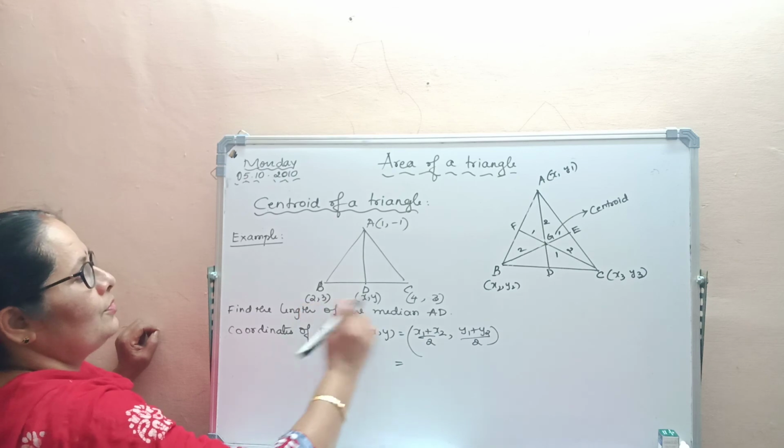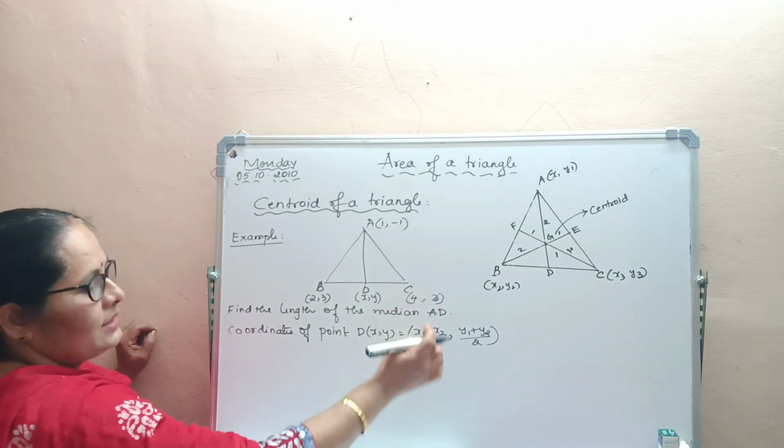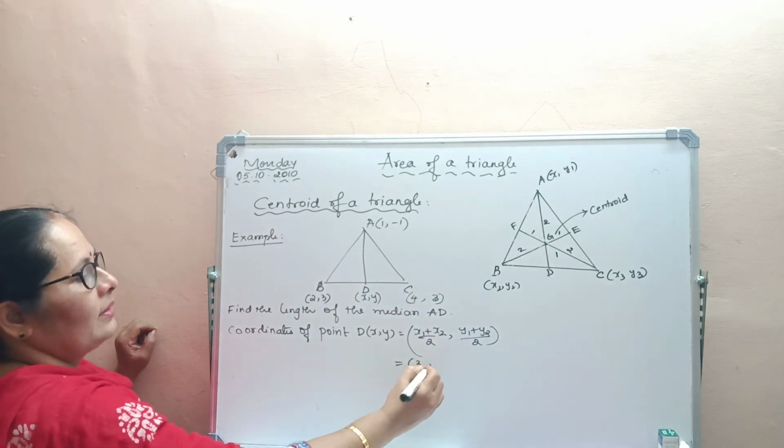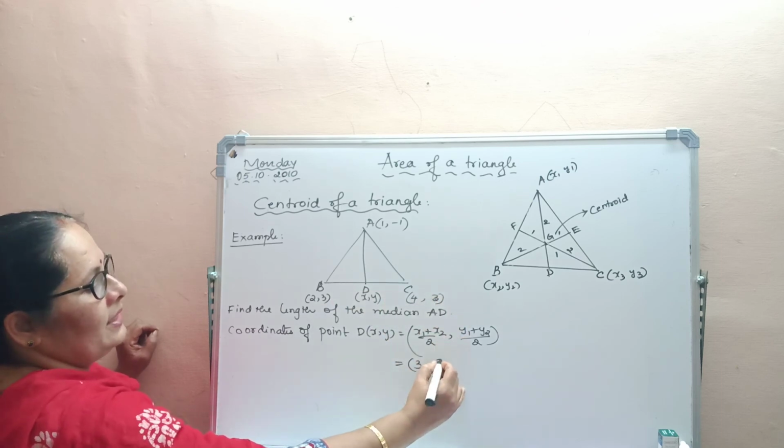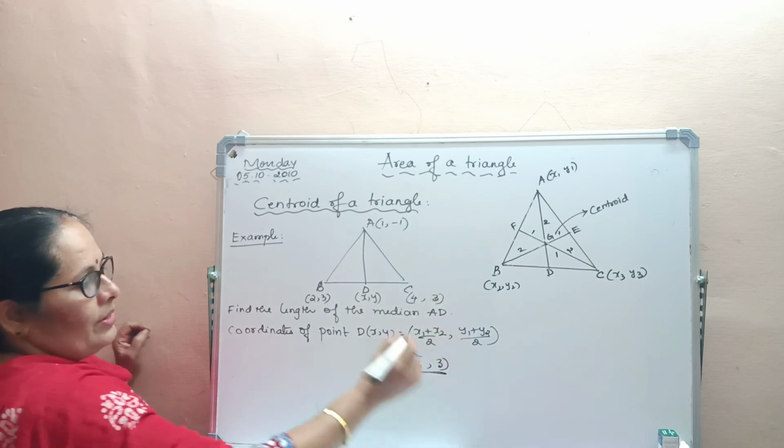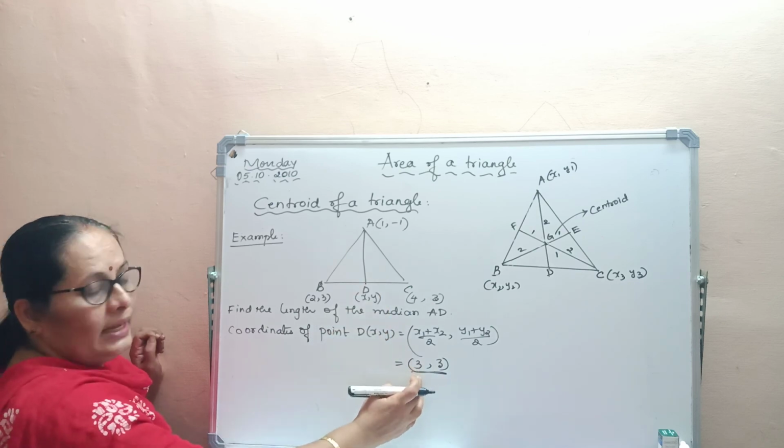So that is 2 plus 4 is 6, 6 by 2 is 3. Then 3 plus 3 is 6, 6 by 2 is 3. So the coordinates of point D is 3, 3.